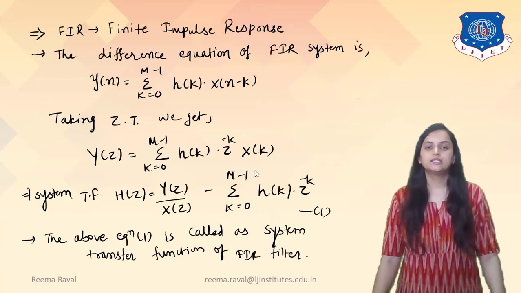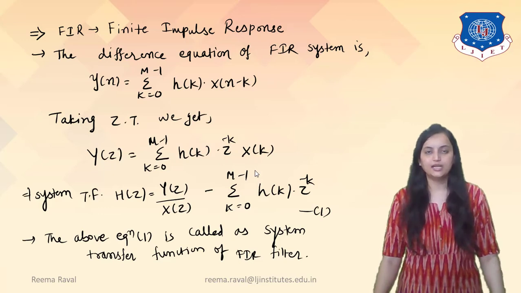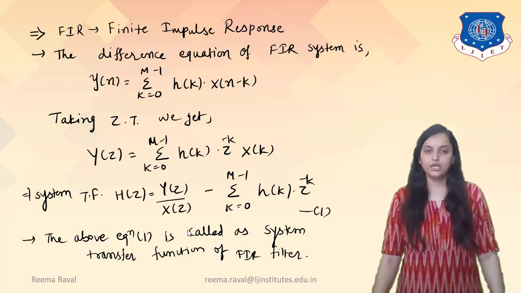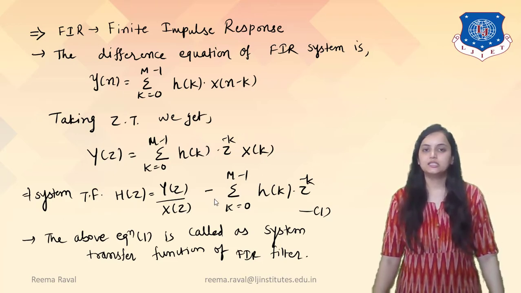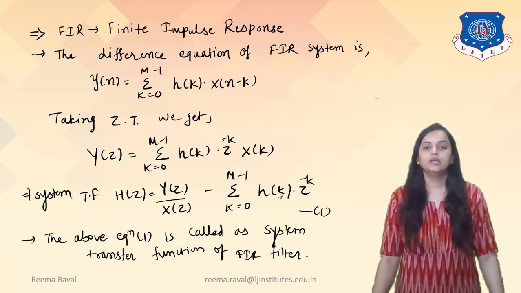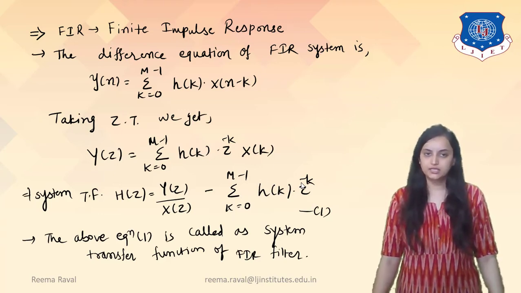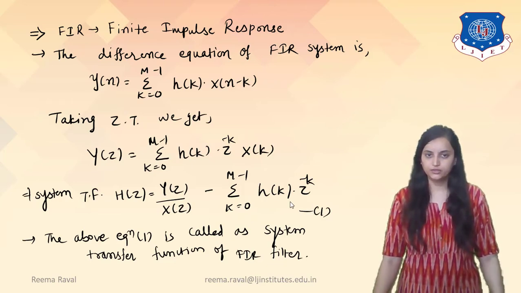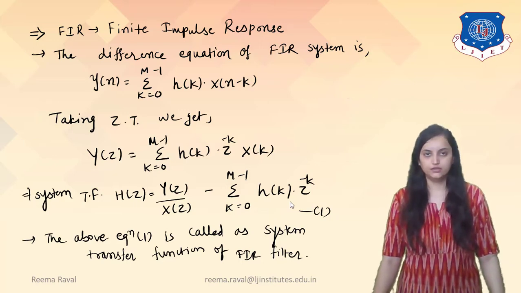Now we know that system transfer function H of z is given as Y of z by X of z, that means output divided by input. So it is given as summation of k equals 0 to M minus 1 h of k into z raised to minus k. This is equation number 1. This equation is called the system transfer function of FIR filters.